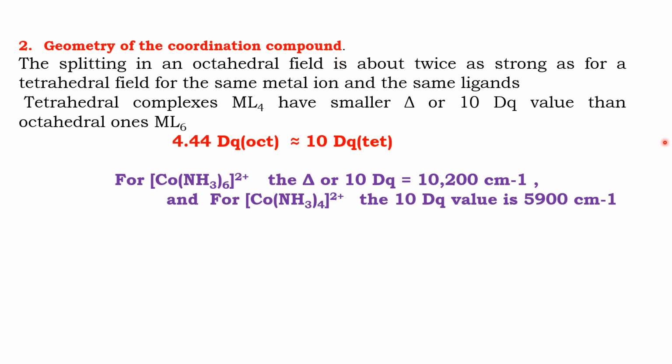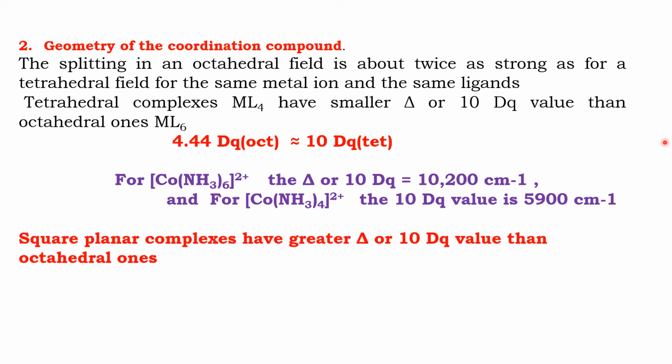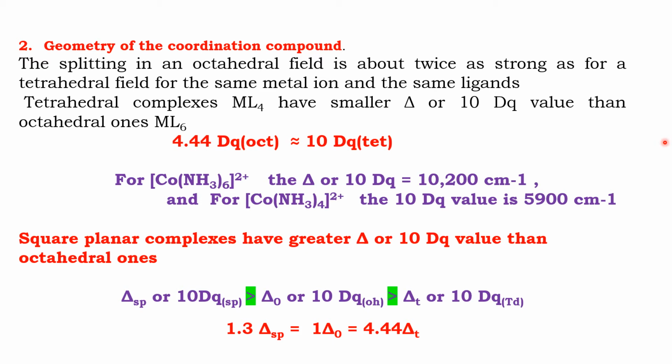Now we have to see about square planar complexes. See here, square planar complexes have a greater value than octahedral complexes. So when we consider square planar, octahedral and tetrahedral complexes, the 10Dq value is maximum for square planar complexes, and they are related as, see here, 1.3 delta value of square planar is equal to 1 octahedral value, that is equal to 4.4 tetrahedral value.